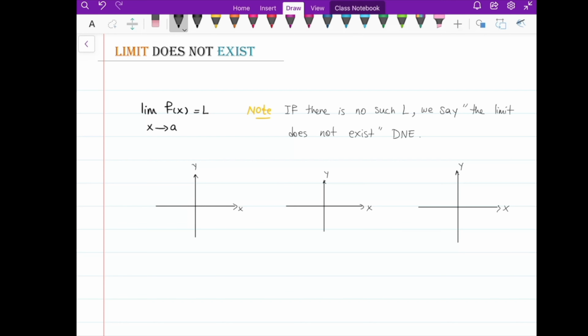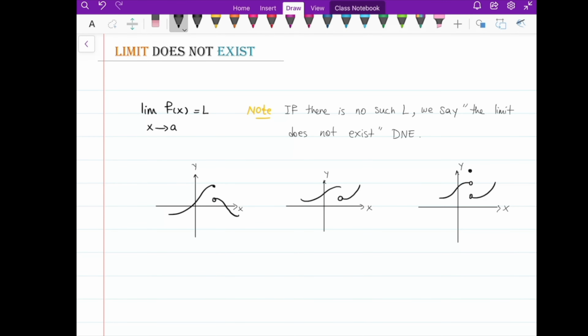Just assume that we have a function that looks like this, a function that looks like this, and a function that looks like, for example, this. Or actually, let me move this one a little bit up, like this.